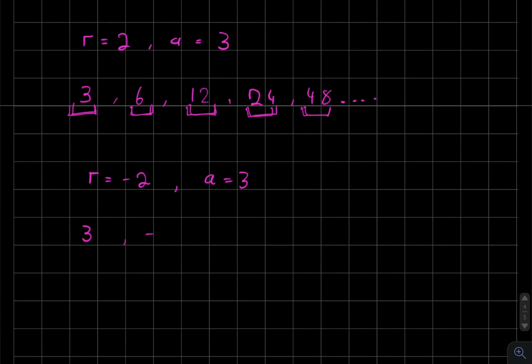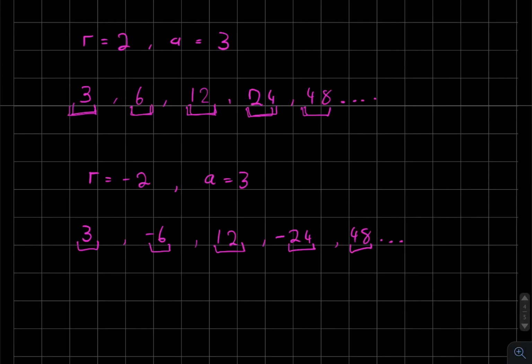So we get -6 here, 12, -24, +48, and so on. So ignoring the negative signs, we see that these numbers are still increasing, ignoring the negative signs.